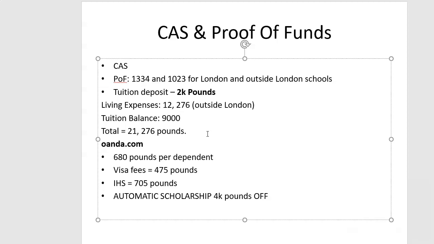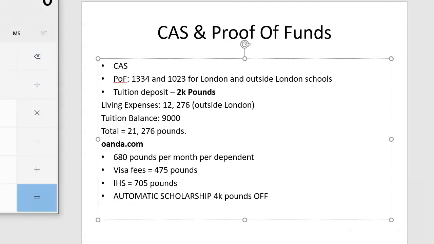Once the CAS is issued, that's when you can apply for the visa. If you're married, you need to provide another £680 per month per dependent.